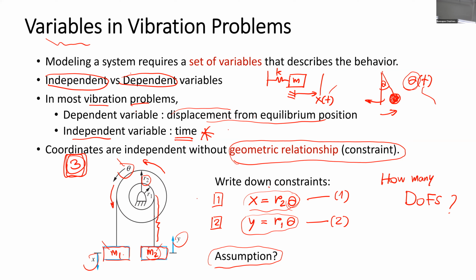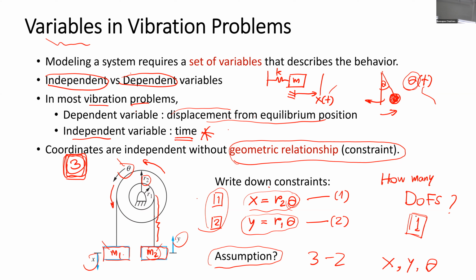One. Yes, thank you. So this system has 3 coordinates and 2 constraints. We have 1 degree of freedom, and this 1 degree of freedom can be described by x, or by y, or by theta.